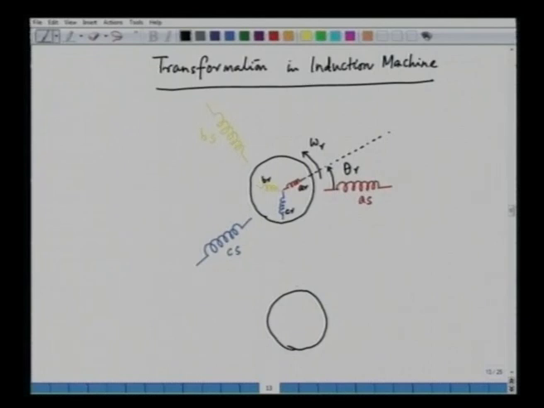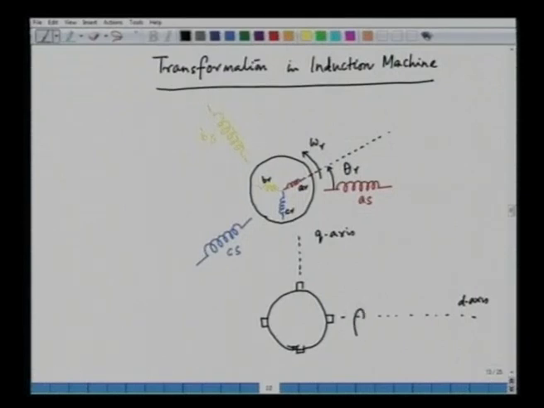So, this is a rotor and we have two rotor windings. There is the pseudo stationary winding, one in the D axis and the other one in the Q axis. So, this is our D axis, and this axis is the Q axis.